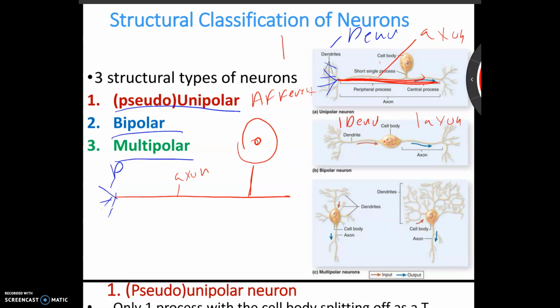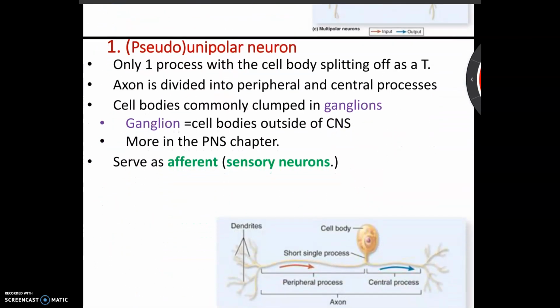We have 1 process. Bi is 2. Yeah, anatomists got lazy. They're up to 4. They don't want to count anymore, so we have multipolar. So the pseudo-unipolar neurons, only 1 process. Axon is divided into peripheral and central ends, and they tend to be clumped into these ganglions. Ganglions are cell bodies outside the CNS.